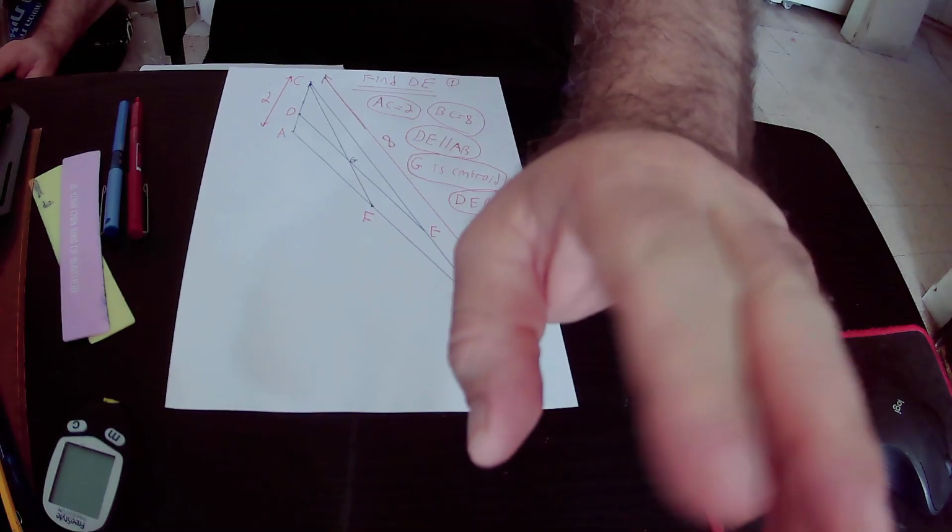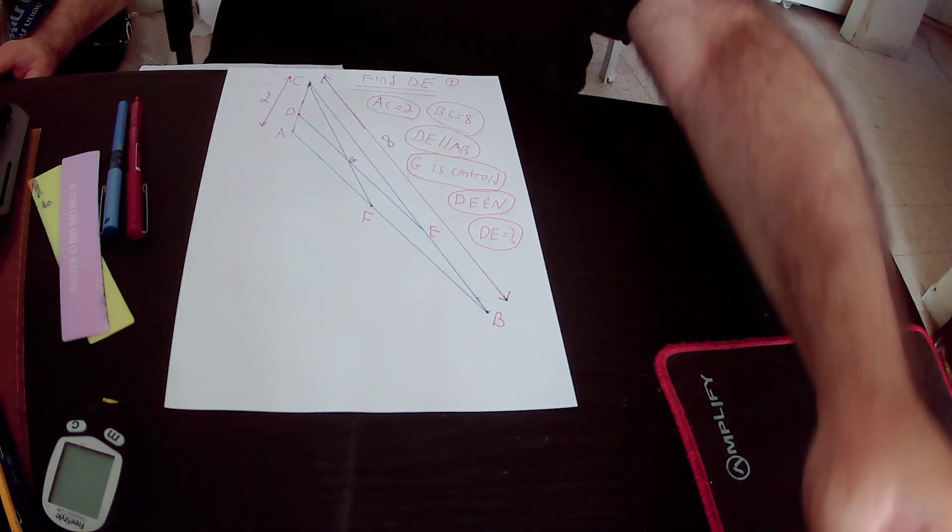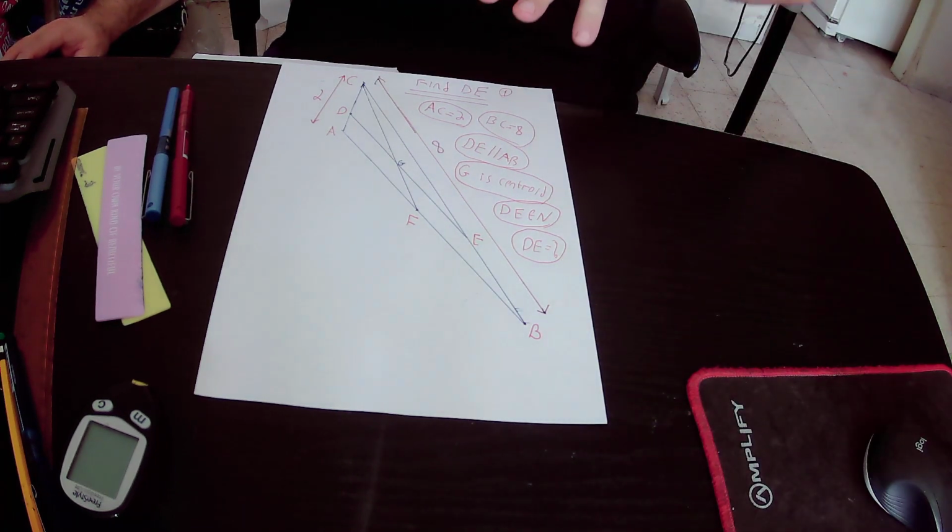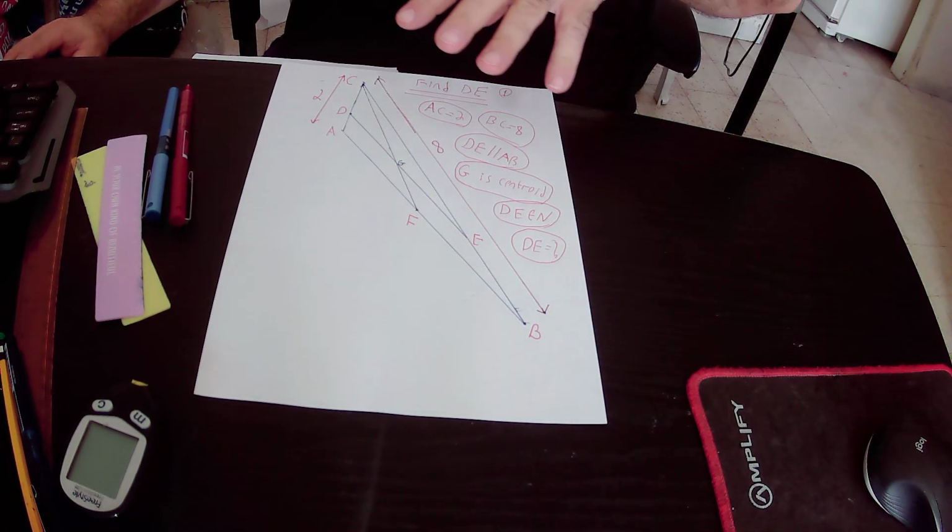Hello, in this lecture we will find the value of DE. In the drawing we have triangle ABC.